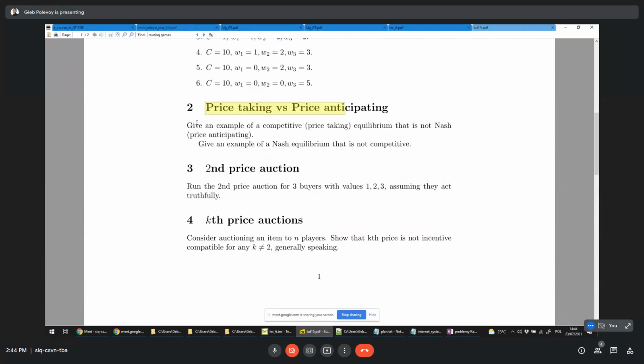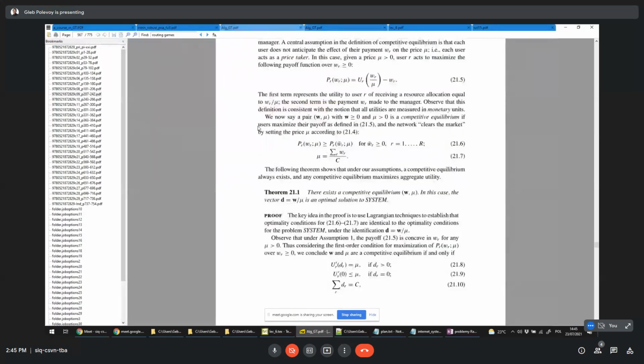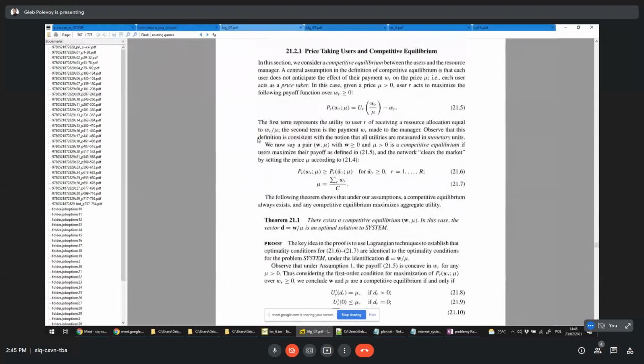I should remind you. Let's look at the book. So for the sake of change, let's look at the book, not the lectures, because you have those anyway. How the book defines a competitive equilibrium: every player, given a price which is determined by the bids and the total amount of the resource. You see the book, right?